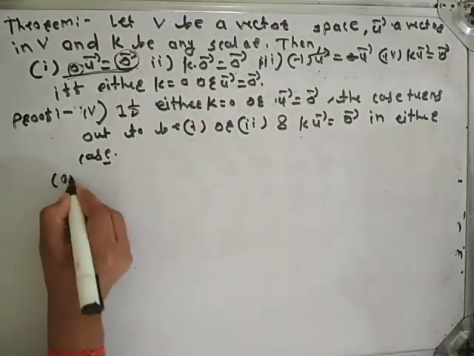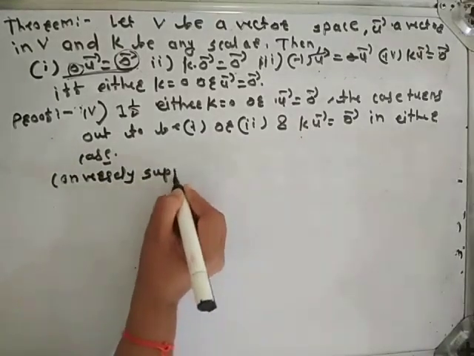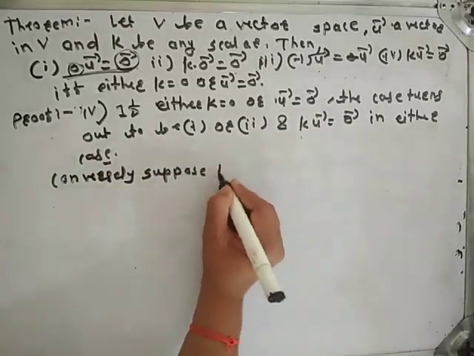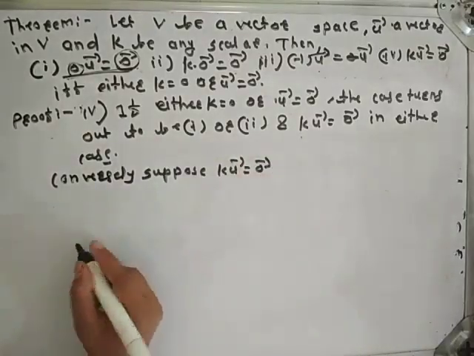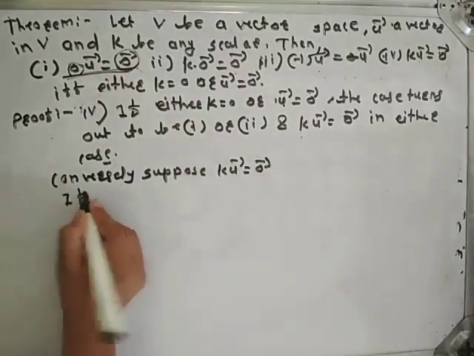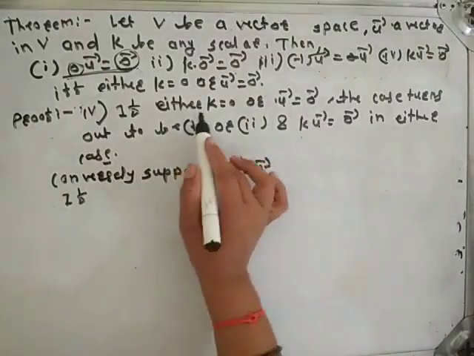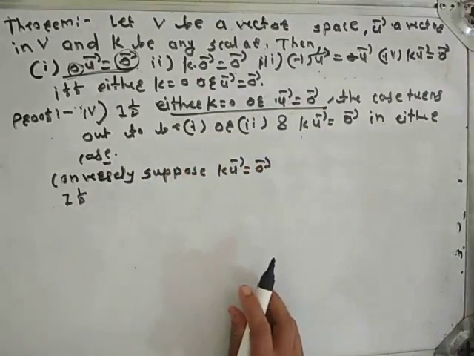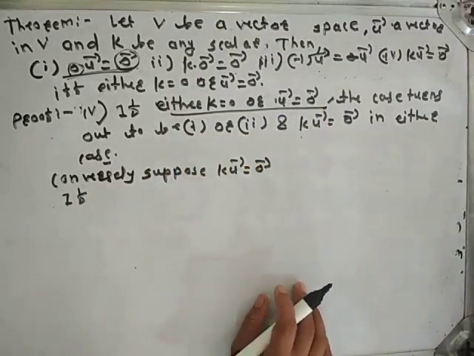Conversely, suppose k into u bar is equal to 0 bar. Students, see here. Now we have to prove that either k is equal to 0 or u bar is equal to 0.